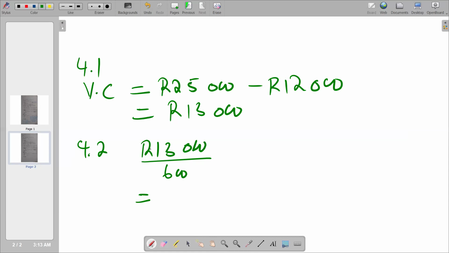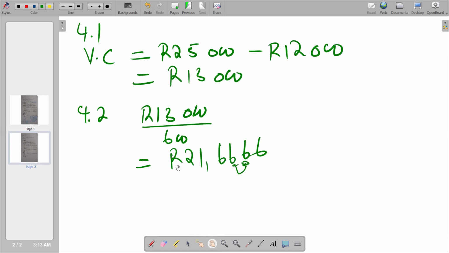So you're going to get 21.6666. So we would round off to two decimal places, whereby we've got a 6 that is going to change our 6 to 7.